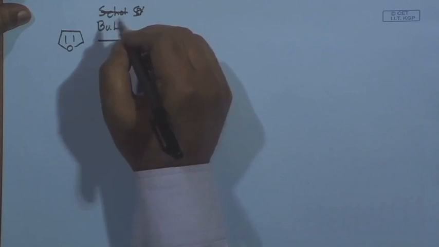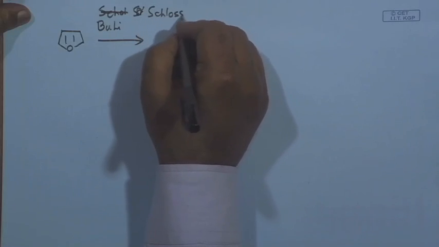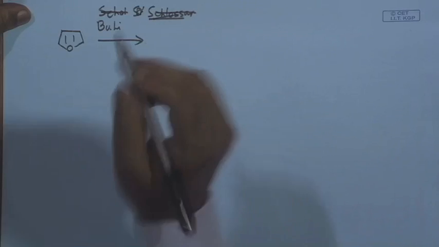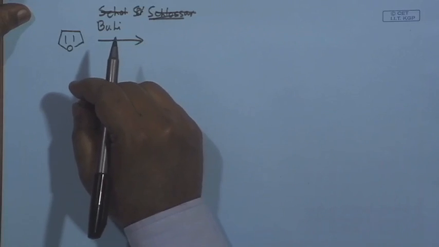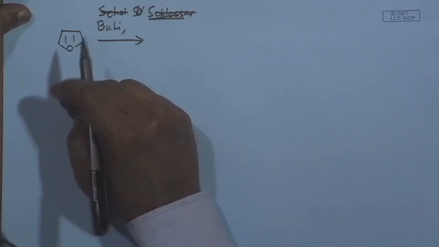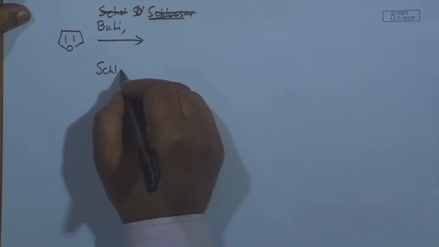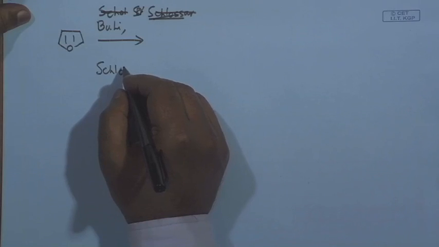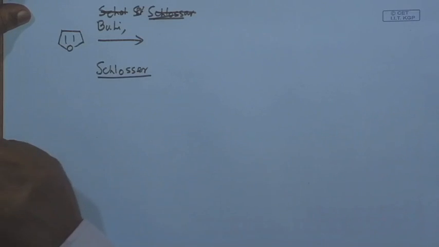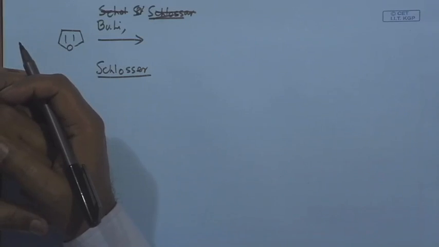So, Schlosser's base, I forgot the spelling. Okay, we will come to that later, but we are more interested in the chemistry. Just check Google and see what it is.